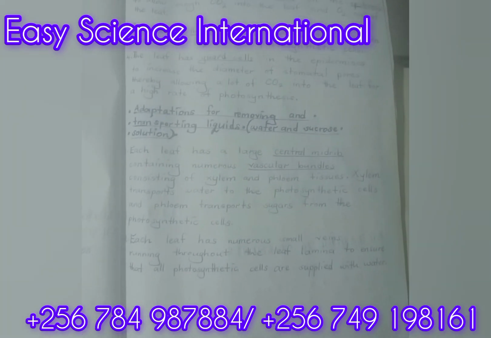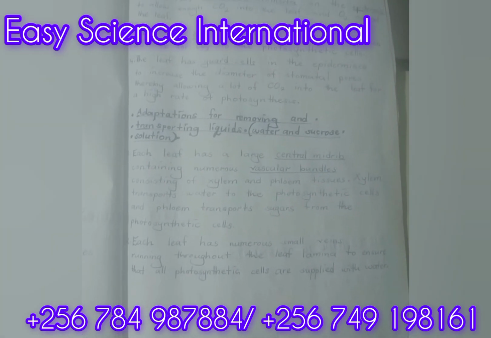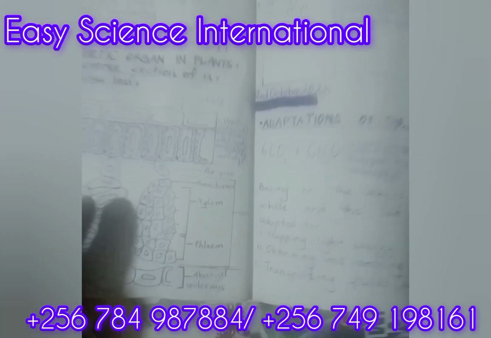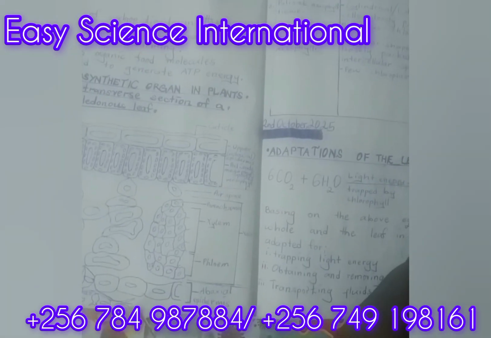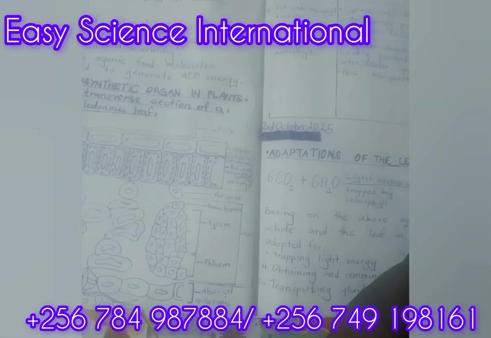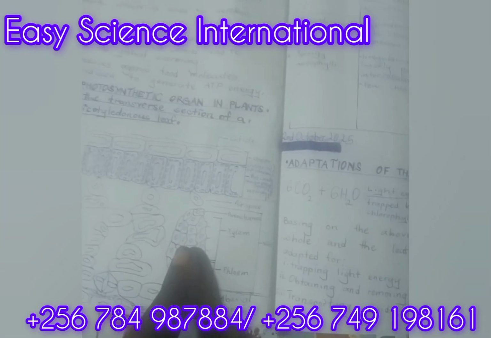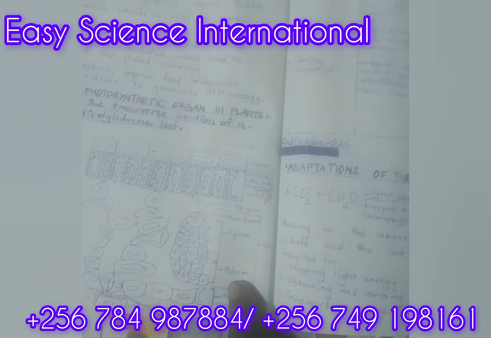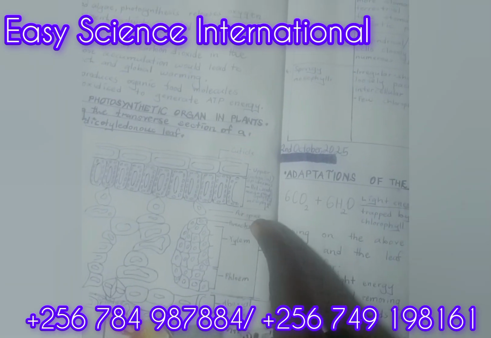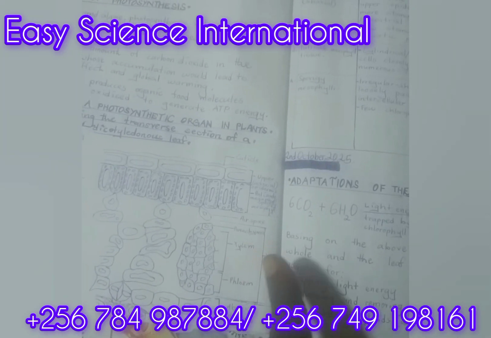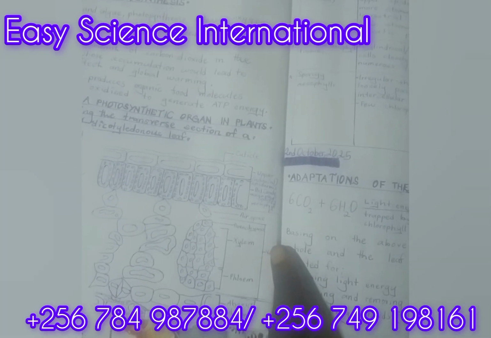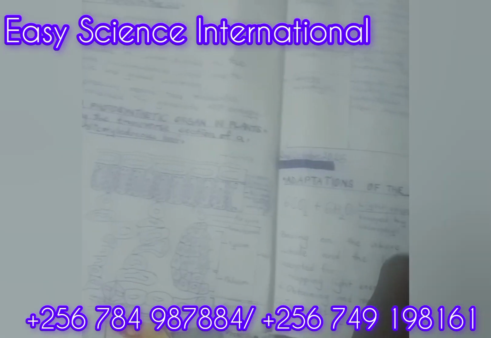That is self-explanatory, and we saw it on our structure. Here, we have the xylem vessels and the phloem vessels. Those are responsible for transportation of fluids. Immediately when the sugars have been formed, they are carried away through the phloem. And if the leaf is in need of water, the water is transported from the root up to the leaves through the xylem vessels.